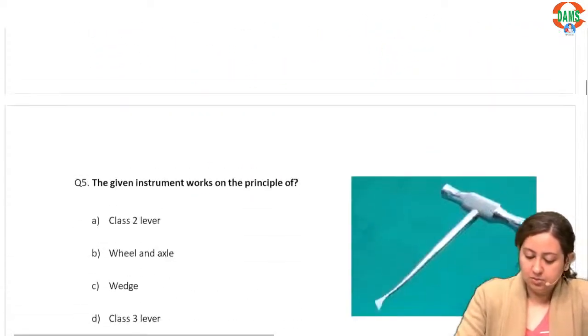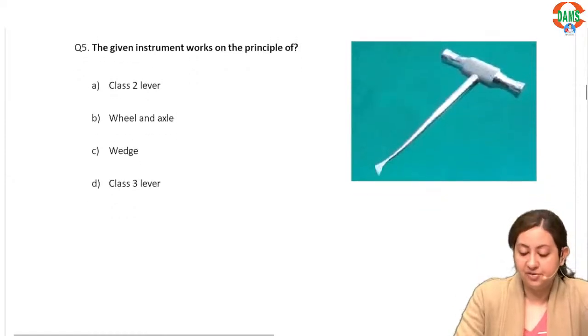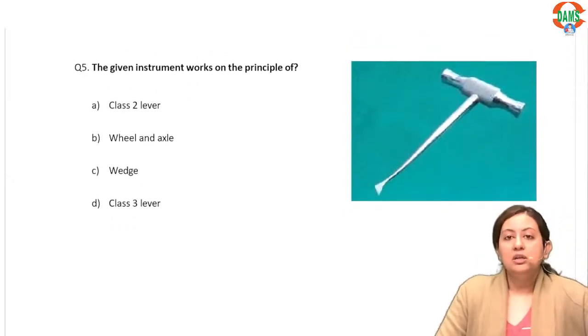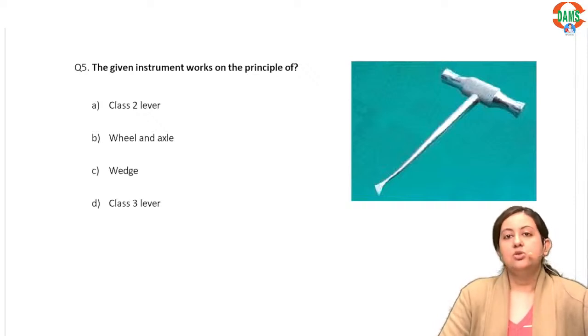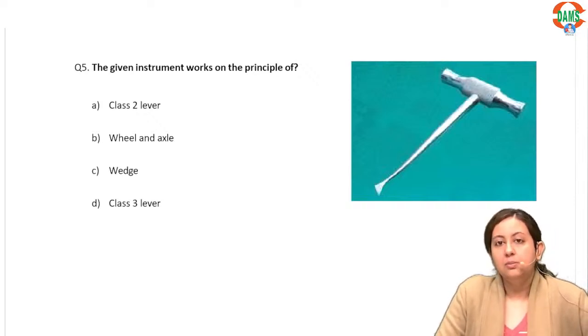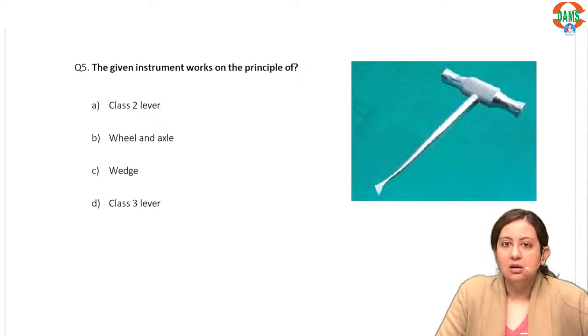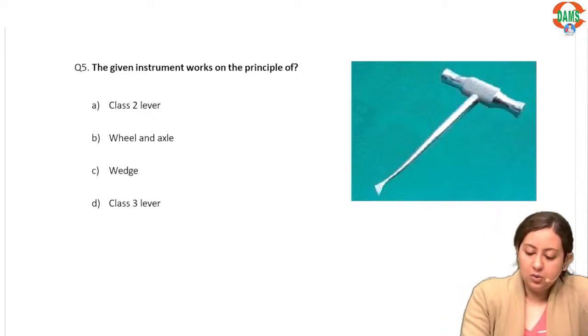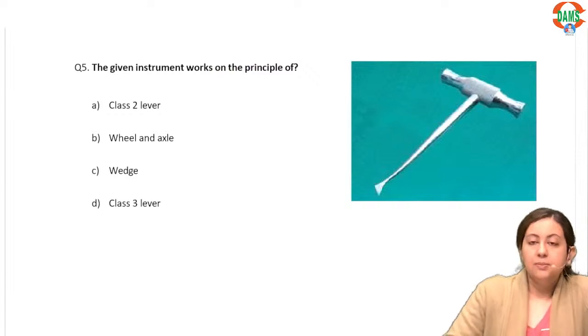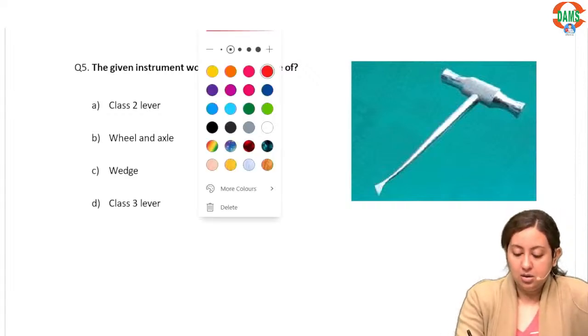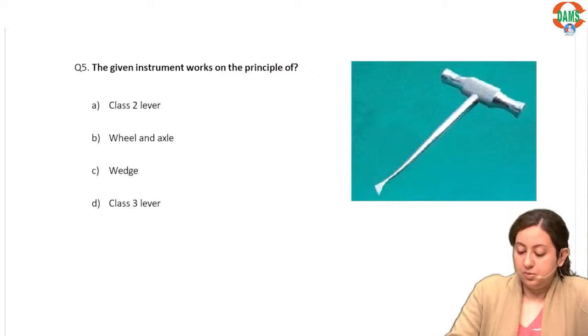Now, let's come to question number 5. The given instrument works on the principle of: option A class 2 lever, option B wheel and axle principle, option C wedge principle, and option D class 3 lever principle. Now here we have to identify the instrument and see where our answer is.